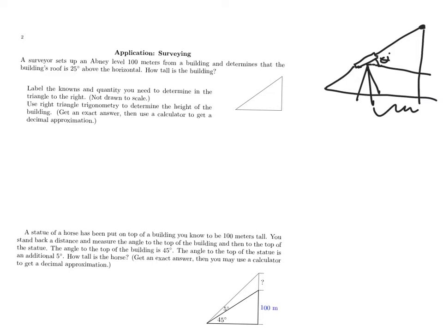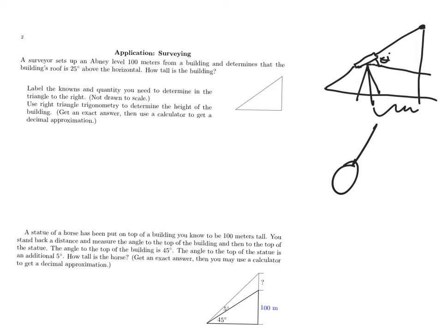So a surveyor sets up an Abney level, one of these doodads, points it at the top of a building, and measures an angle of 25 degrees above horizontal, using one of the little wheelie-doos that surveyors use to measure distance. It's a little thing with a wheel on the bottom that counts how many times the wheel spins around as you walk from point A to point B. If you know the diameter of that wheel, you can figure out the distance that you cover.